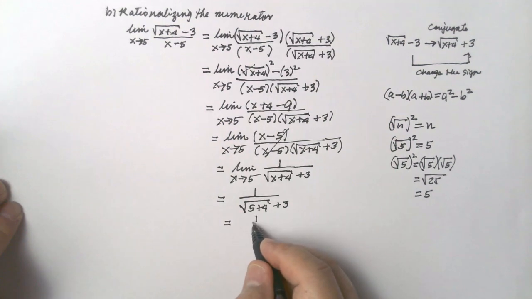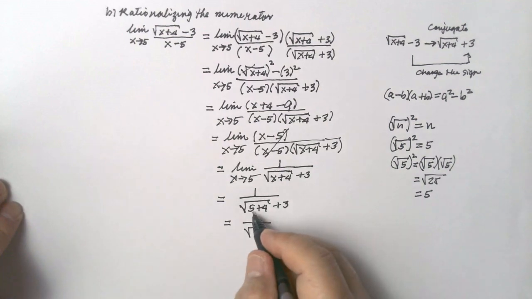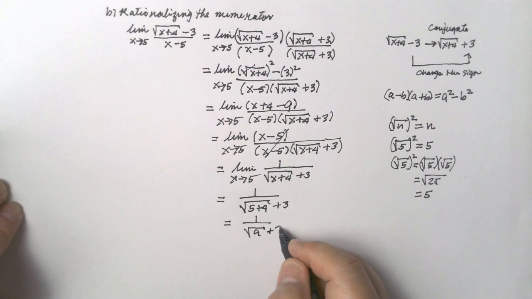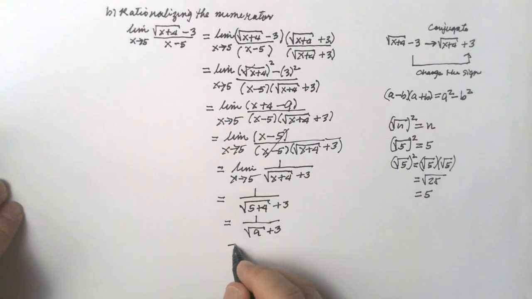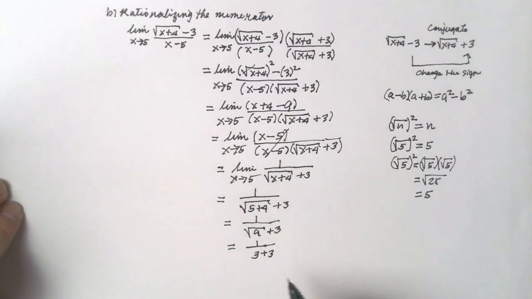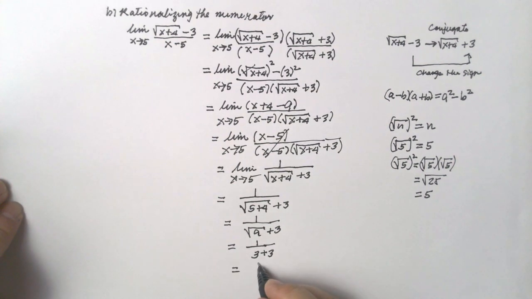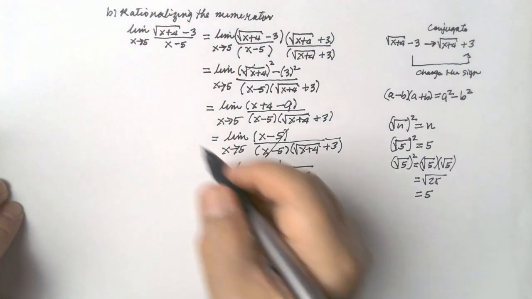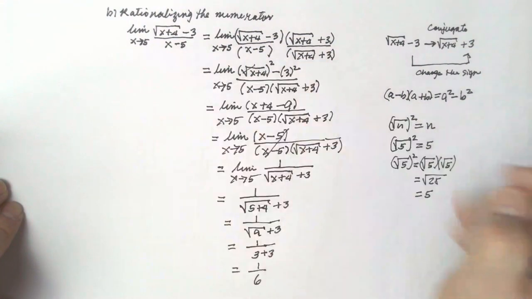This is now equal to 1 over the square root of 5 plus 4 is 9 plus 3 equals 1 over the square root of 9 is 3 plus 3. So we have now 1 over 6. So the limit of the function is 1 over 6 as x approaches 5.